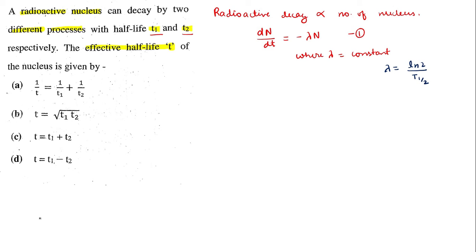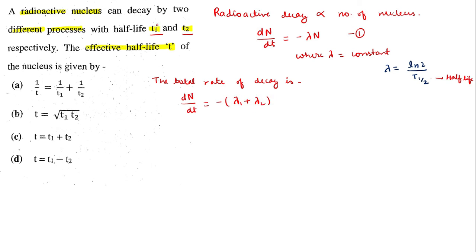So to find the total rate of decay, where these are the half-lives, the total rate of decay is dN by dt is equal to minus of lambda 1 and lambda 2.